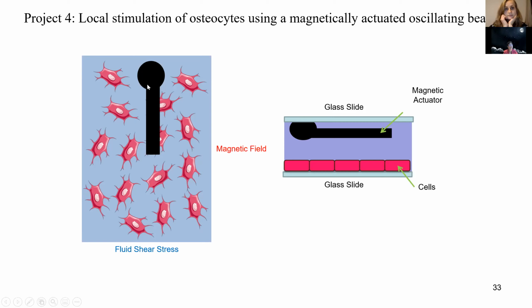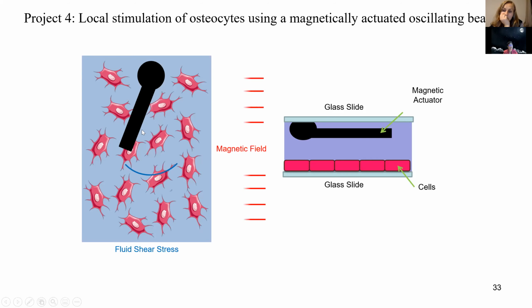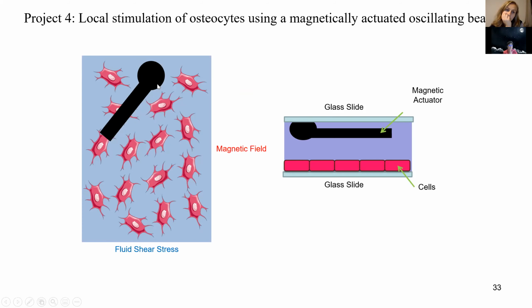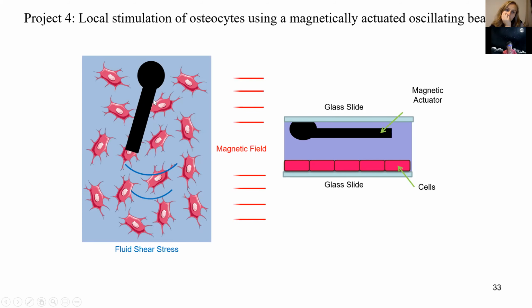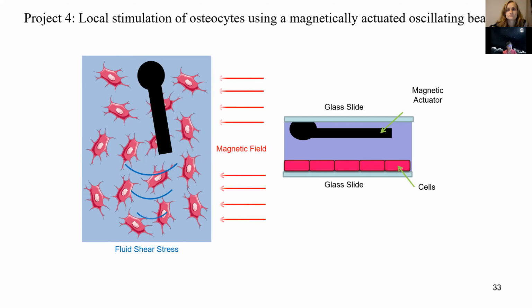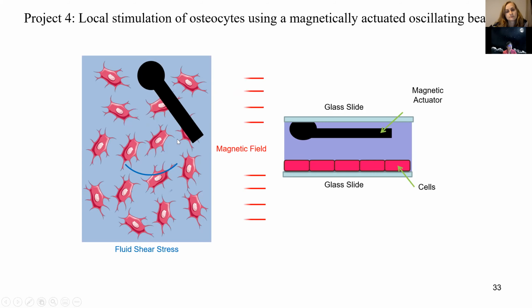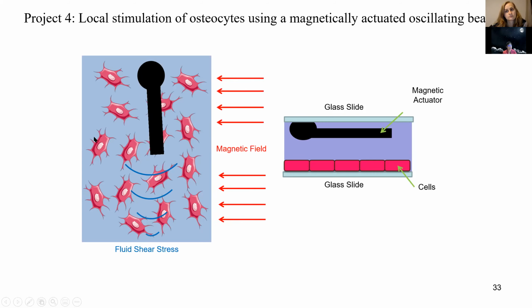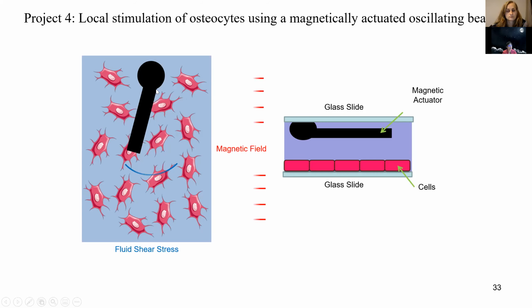So what we did was we built this local stimulation setup. This is a schematic video showing what we're trying to do here. We have this macro beam, right? It's a magnetic beam, so we can use the magnetic field to control its swing. When it swings back and forth, left and right, that generates fluid flow, so that generates fluid flow shear stress. We also have cells seated on a substrate.